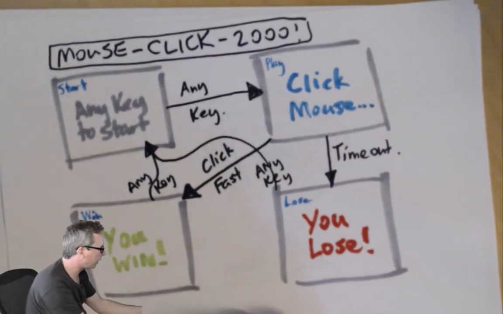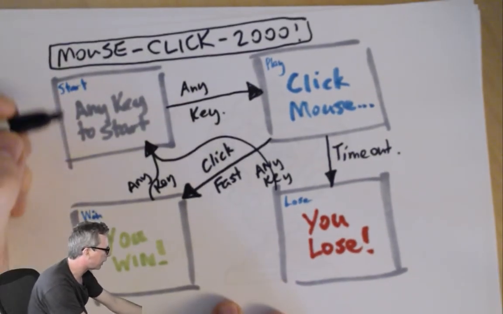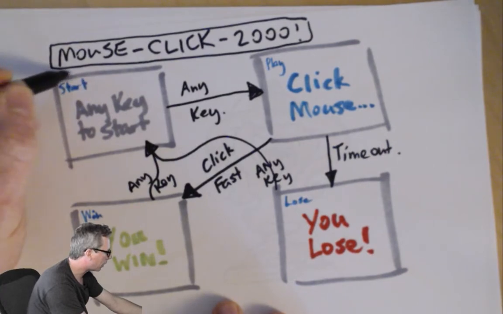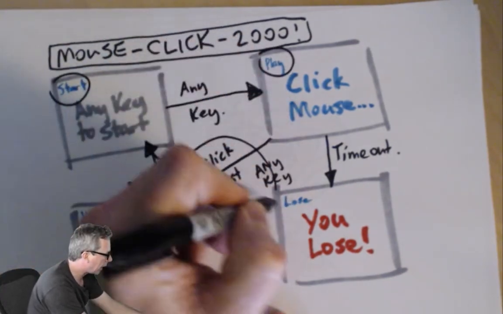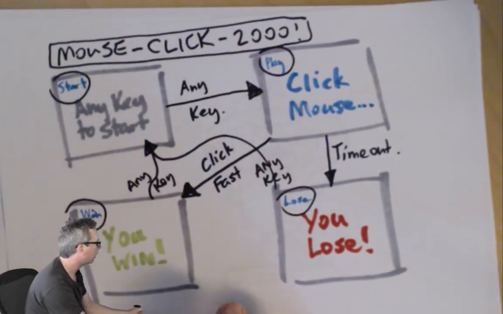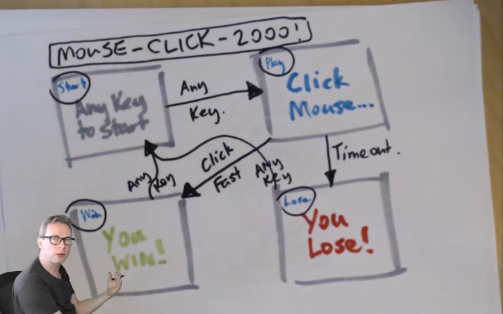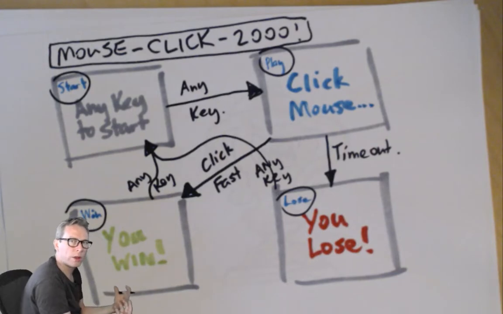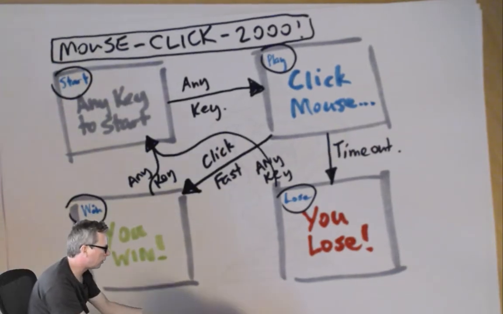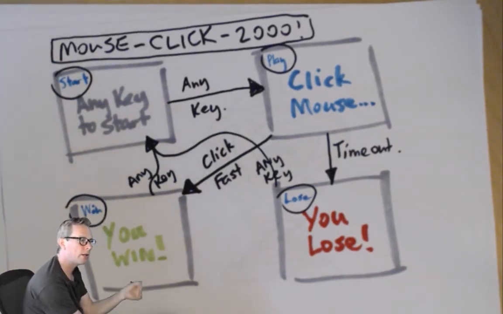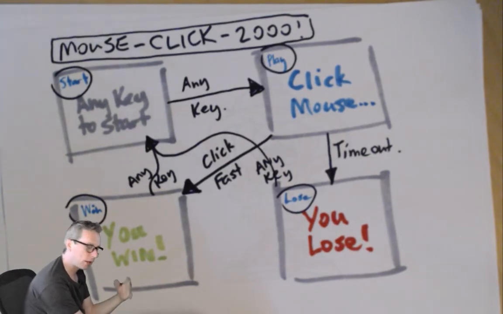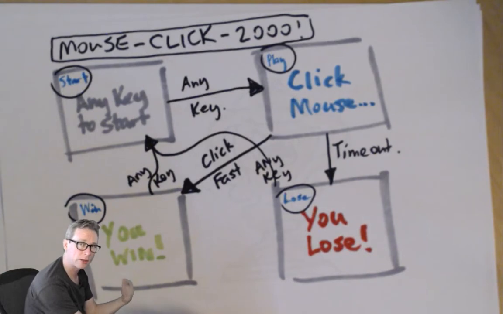The other thing that would be really useful here is that I've given each one a name. So I've said start, play, lose, and win. By naming something in my game, I can then start to work with it in the program. A really convenient way to represent things like these states is as numbers, just integers.